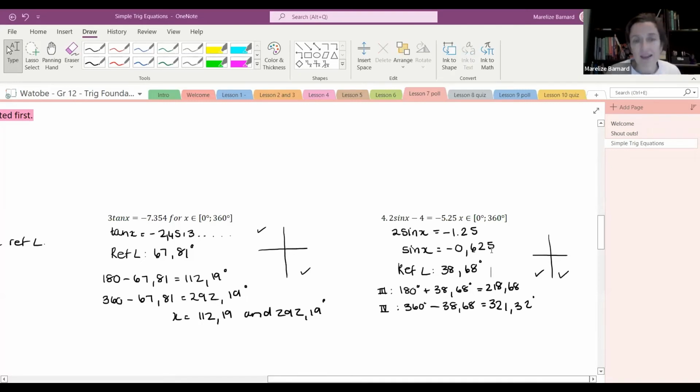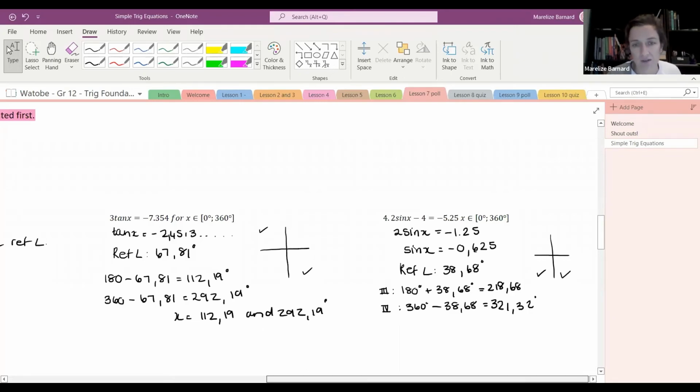Okay, we don't want a negative angle. So if you go shift sine 0.625 into your calculator, and you make it negative, you'll see it brings out a negative angle. We don't want to work with a negative angle, so we just ignore the sign when we do the reference angle to get the acute angle. Okay, and you're always going to do that when you find the reference angle.